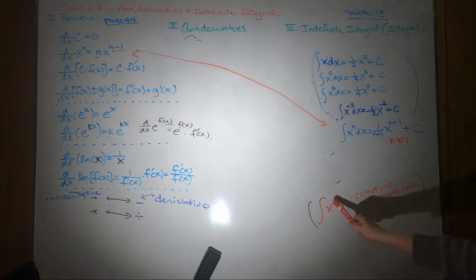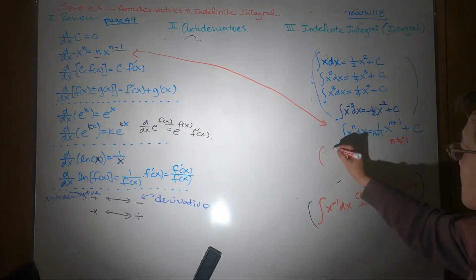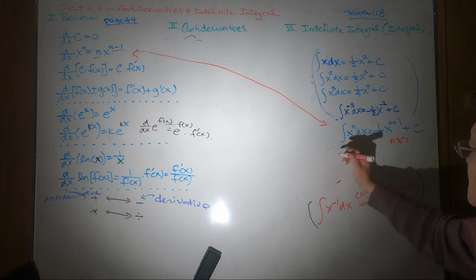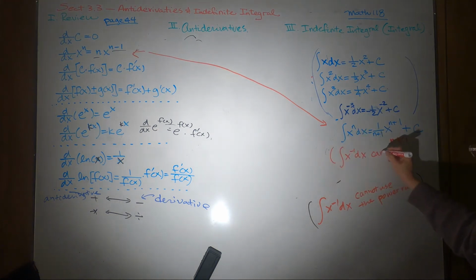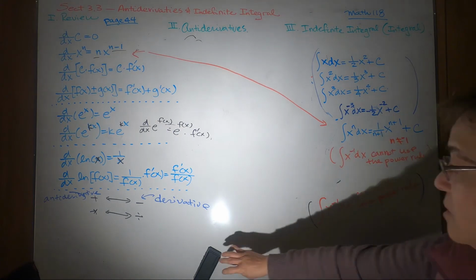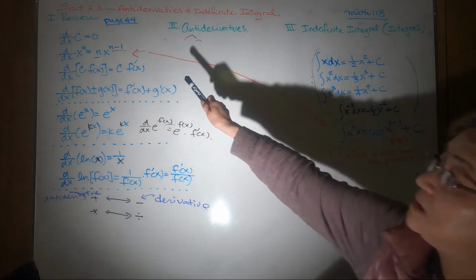If it is x to the -1 power, we cannot use the power rule. So for the integral of 1 over x dx, you cannot use the power rule. That's what we were talking about for the antiderivative and the power rule.